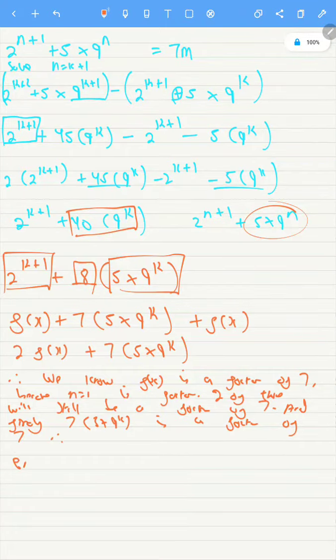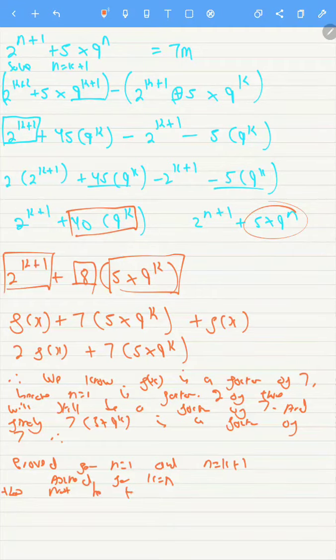Therefore, proved for n equals 1 and n equals k plus 1, assumed for n equals k, therefore must be true for all real values basically. That's about it.